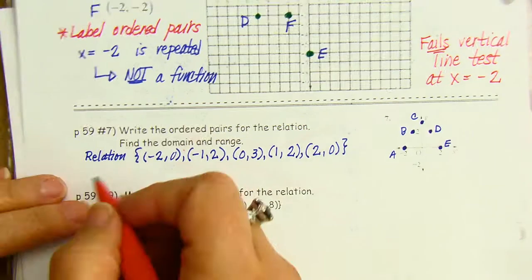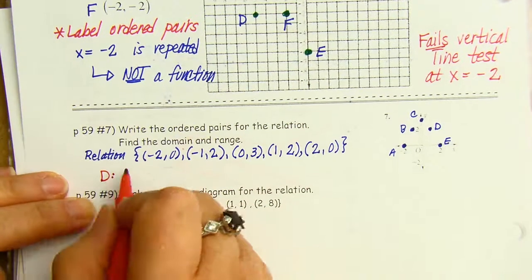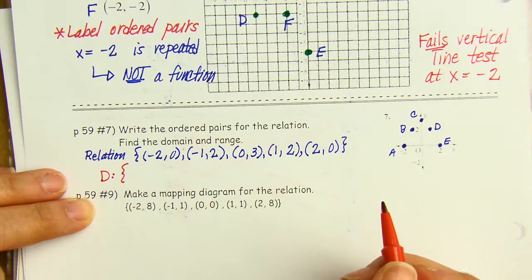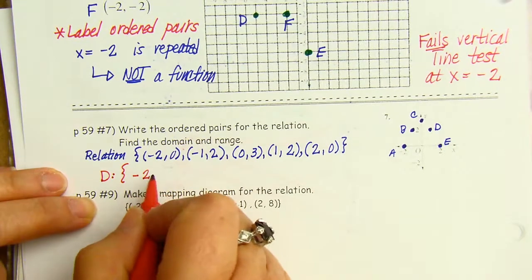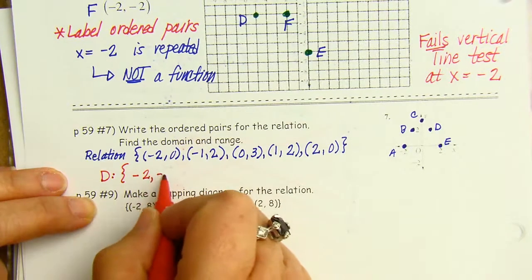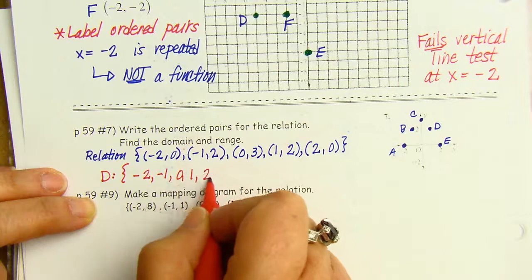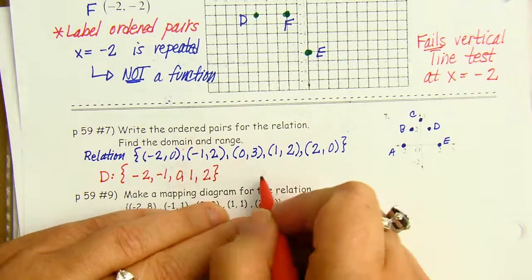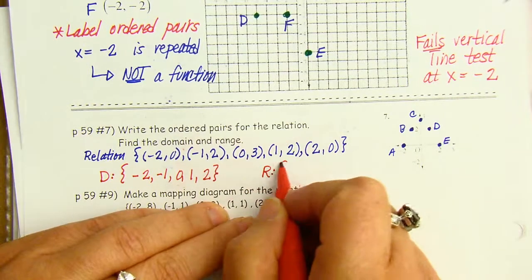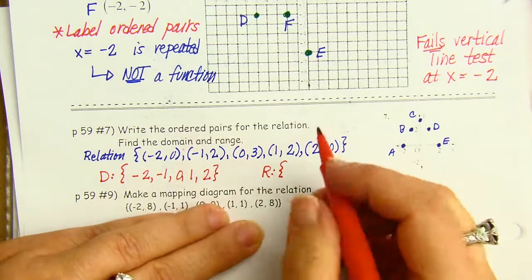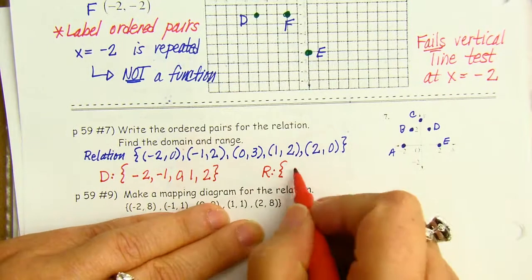The domain, I'm going to use big D to indicate domain. Put it in set notation, and I'm going to list the elements that are x values: -2, -1, 0, 1, and 2. And I'm going to do the same thing for the range, except this time it's the y values. So I'm going to choose these y values. I've got 0.